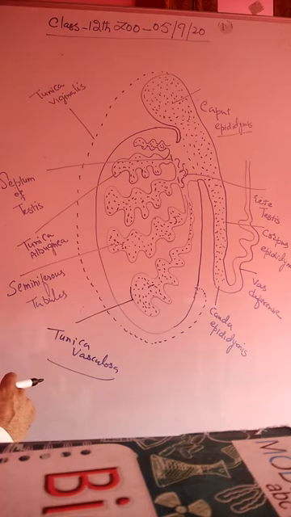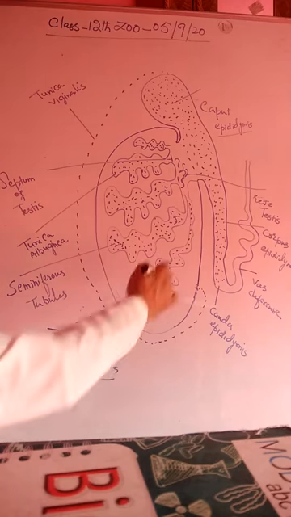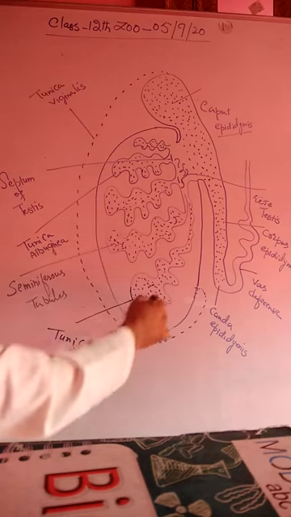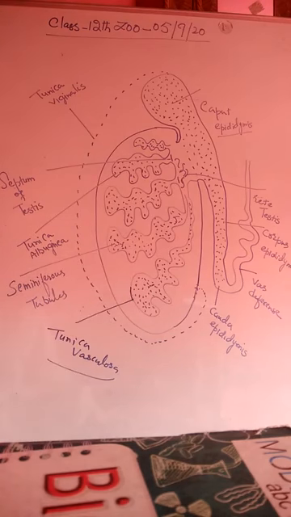These undergo spermatogenesis and form haploid motile male gametes called spermatozoa. Sertoli cells are a few pyramidal shaped cells which provide nourishment to developing sperms. They are present here. So far as the functions are concerned, they are involved in spermatogenesis and secretion of testosterone. This is the function of the testes.